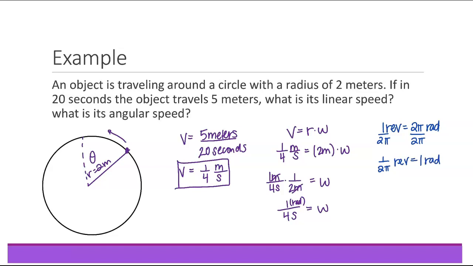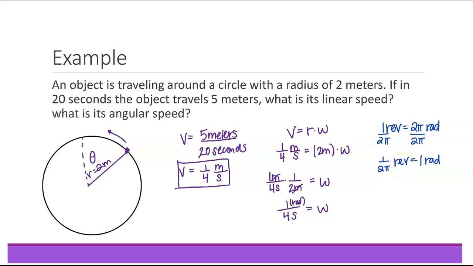It's similar to how we converted between degrees and radians, right? If 180 degrees is pi radians, then we were able to use that conversion. We're doing something similar here. 1 revolution is 2 pi radians, so 1 over 2 pi revolutions is 1 radian. So I can replace this numerator here with 1 over 2 pi revolutions.